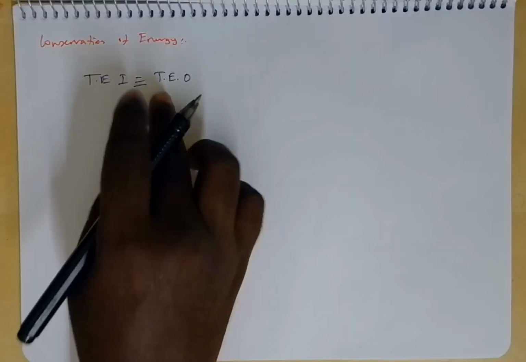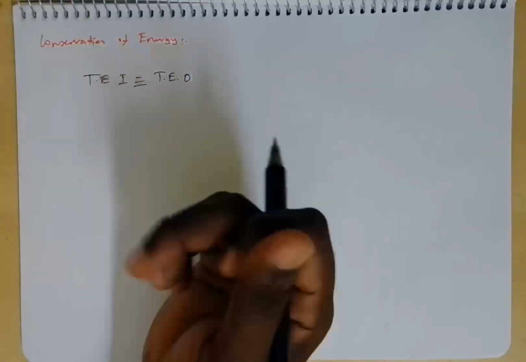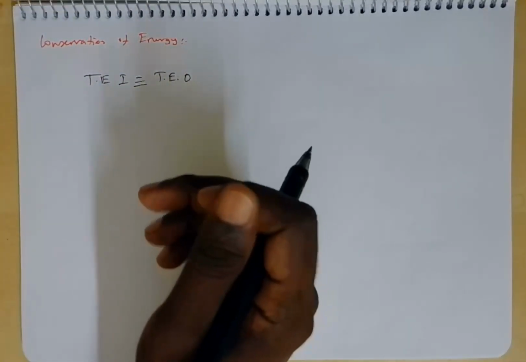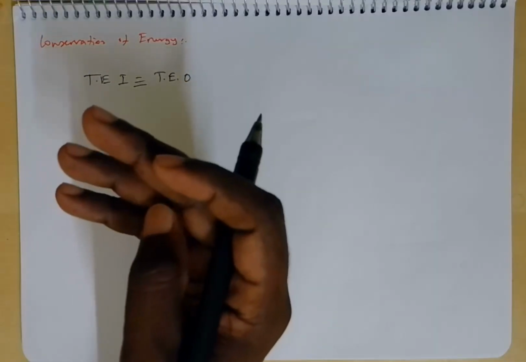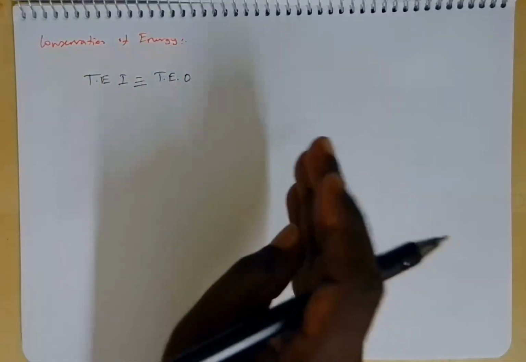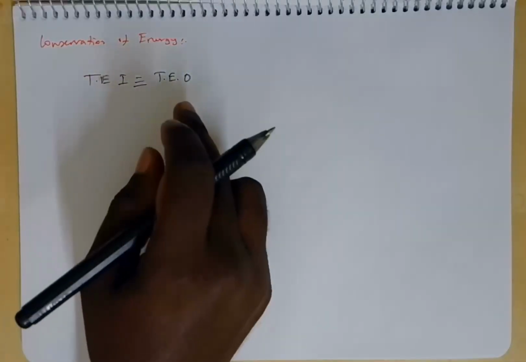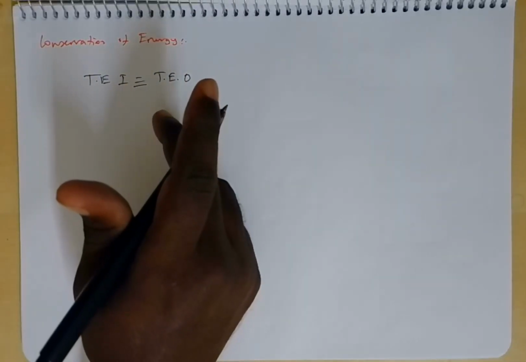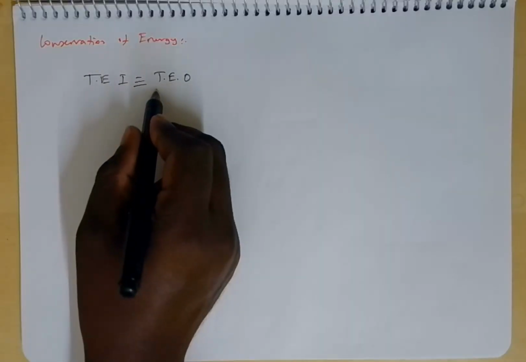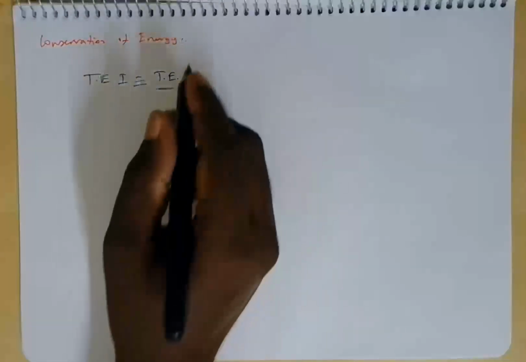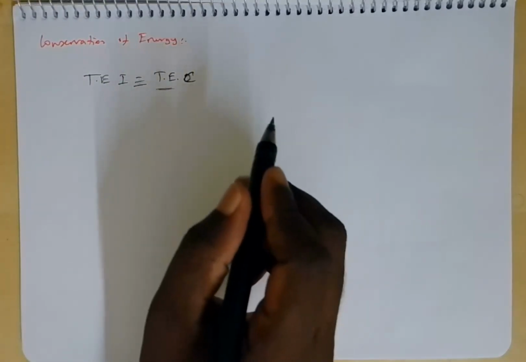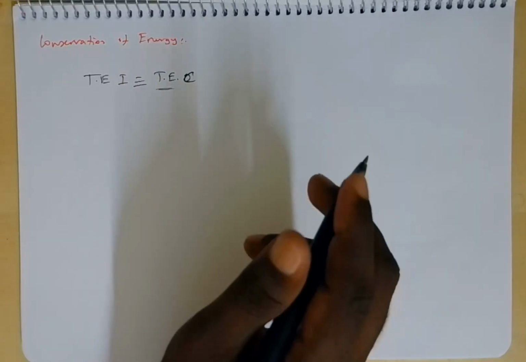But the useful output we get will be less, because you will lose energy in friction, in air resistance, in light, and in sound. So what we get as an output is different from the total energy consumed. Maybe we can use "consume", so consumption is a very suitable word.